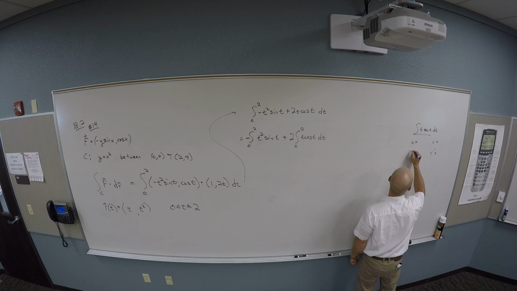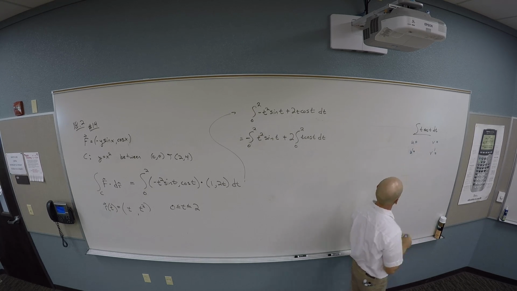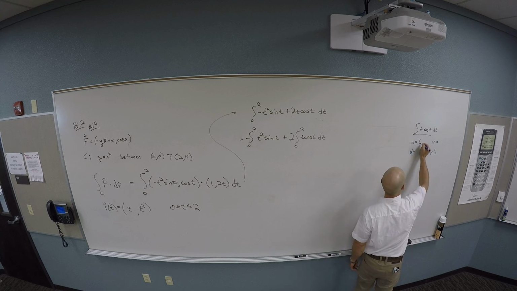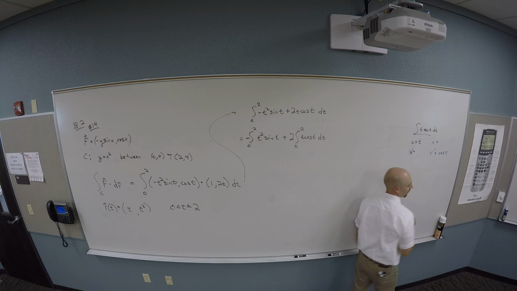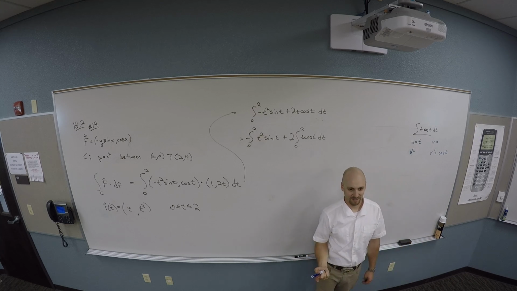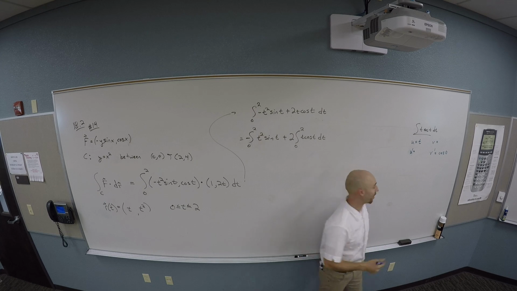Make the t your u and your v prime cosine t. Why would I do it that way? Because the t will go away and things will get easier.